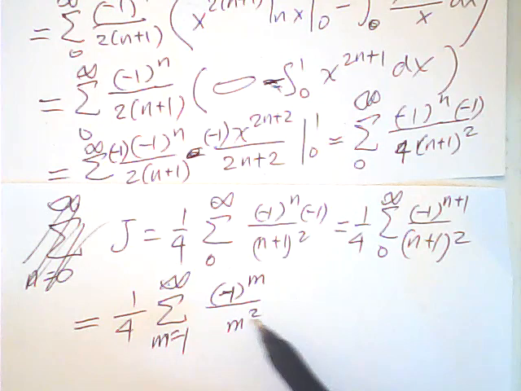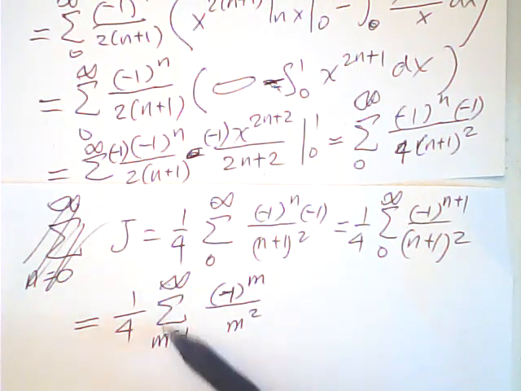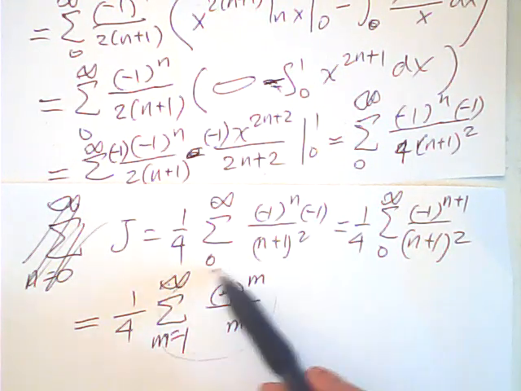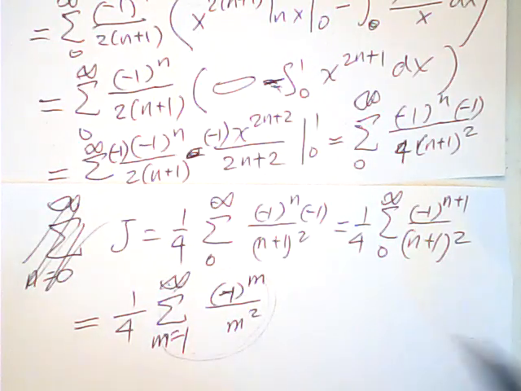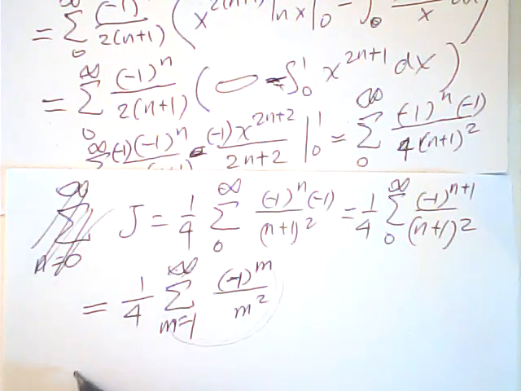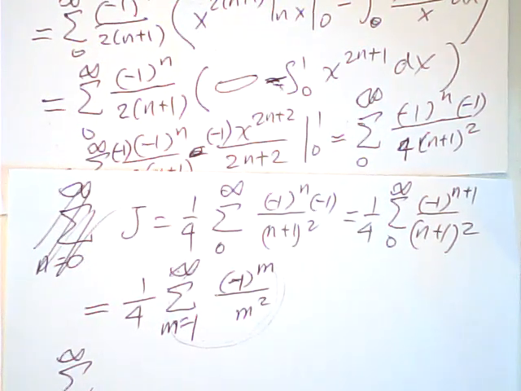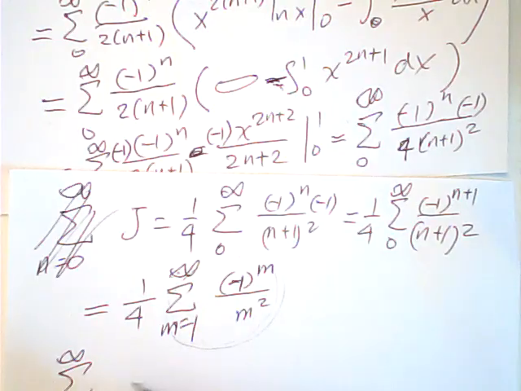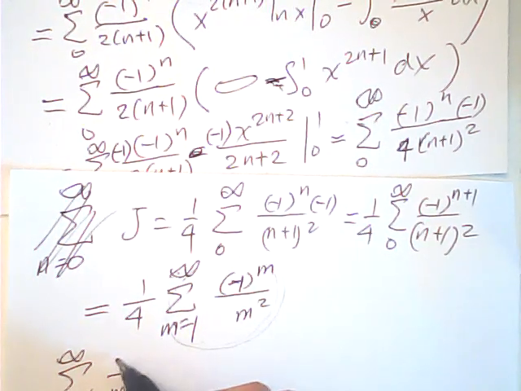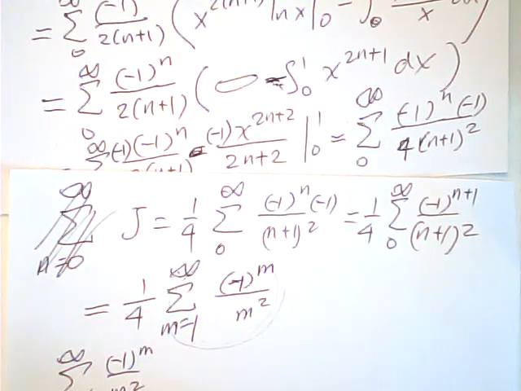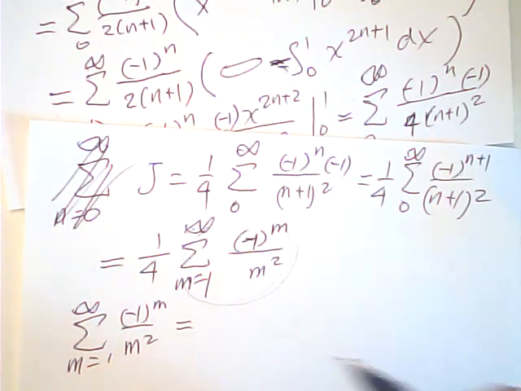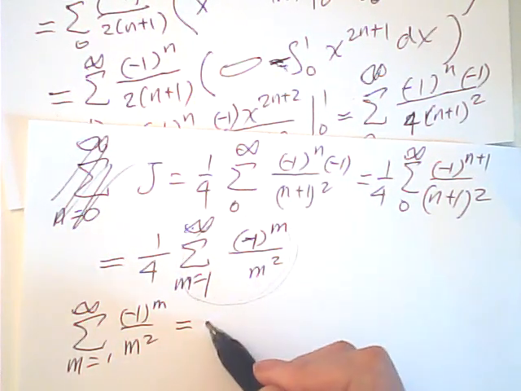Then what? Now I tried to calculate this one without using sophisticated functions. Now let me show this one. This sum, m equal to 1 to infinity, minus 1 to the m over m squared. The first term is minus 1, right?